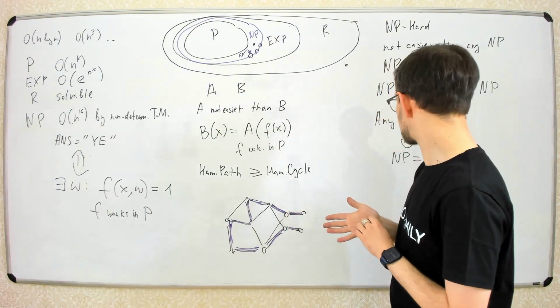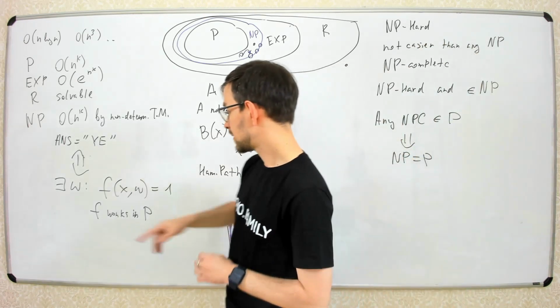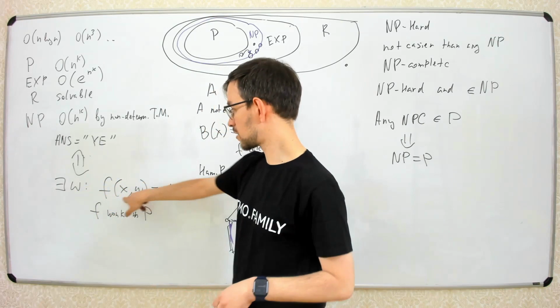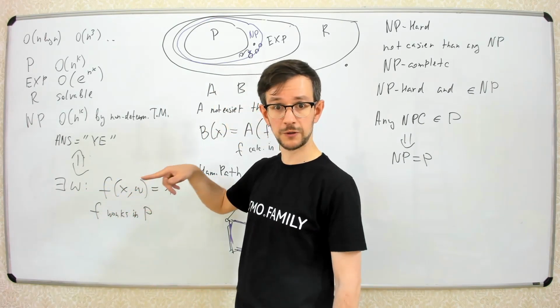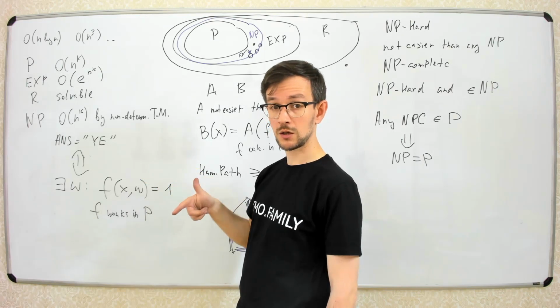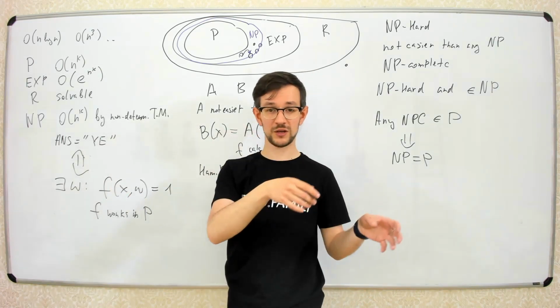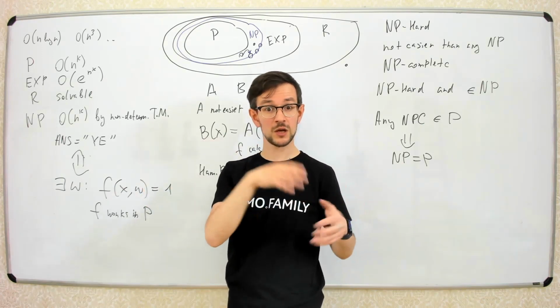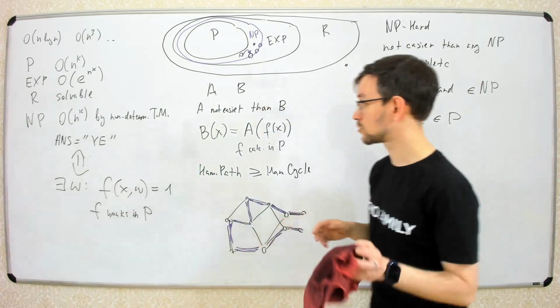But it's kind of strange because it means that if you can check your certificate in polynomial time, then you can find the certificate in polynomial time. If you're going to do something this way, you can do something in the opposite way. If you can check, then you can produce. It's a strange thing, but nobody knows if it is true or false.